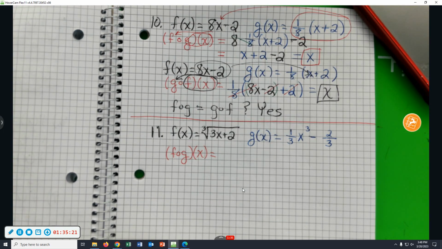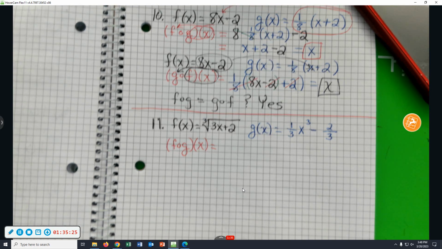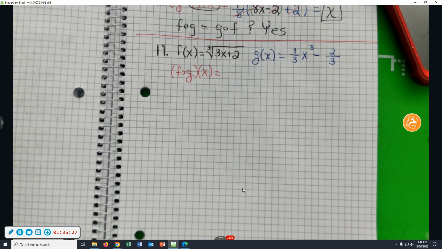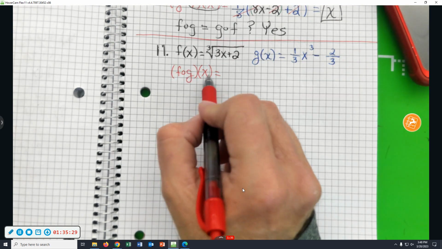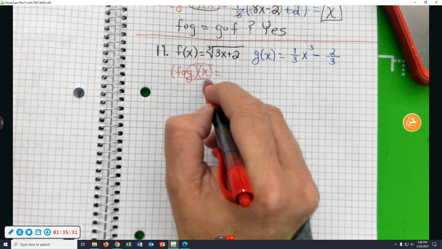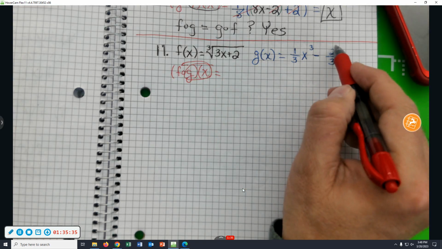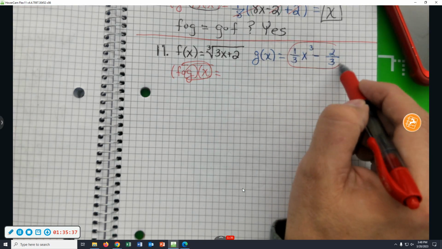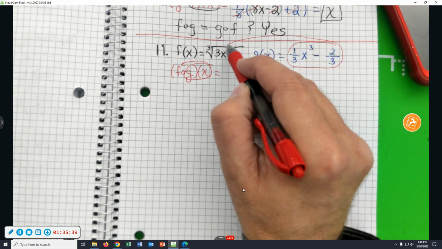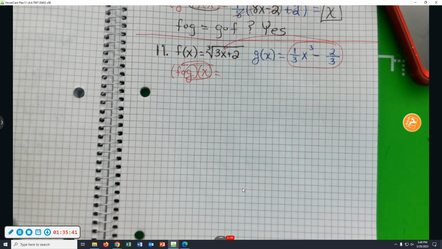F of g means plug g into f. So I'm going to write all that black stuff, but instead of the black x, what am I going to put?